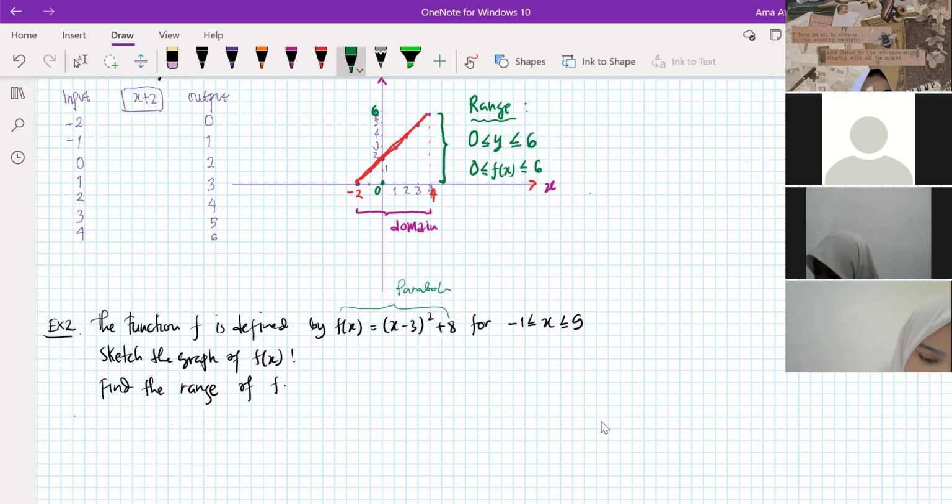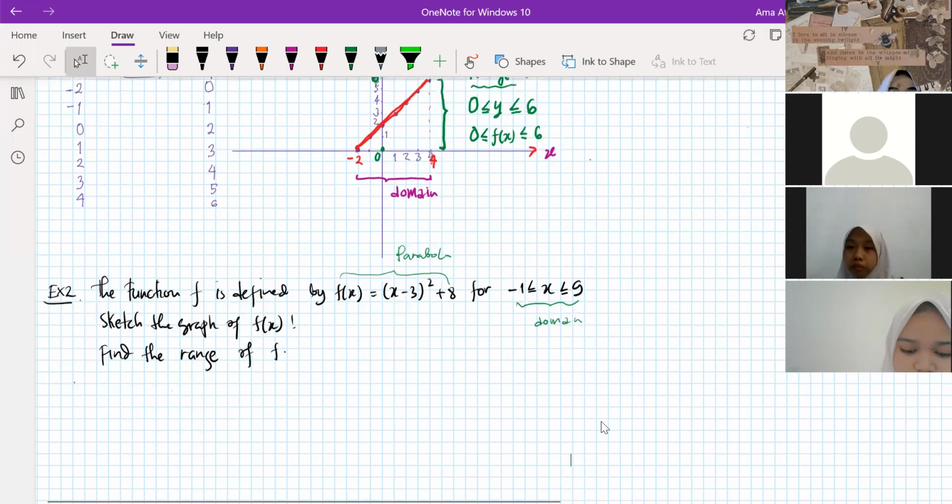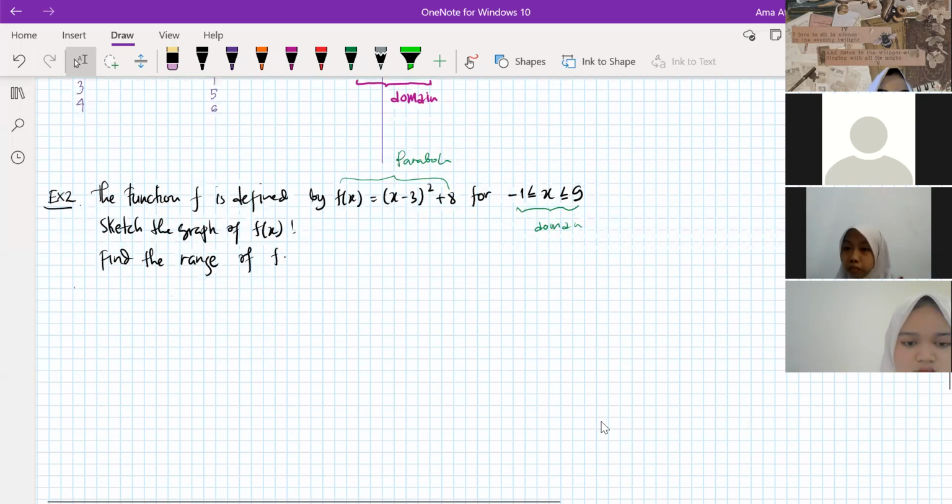The domain is x bigger than or equal to -1, but less than or equal to 9. Pay attention. You can screenshot after this, and in your break times or after school, you can rewrite it in your notebook, because we have a very short period of time now.